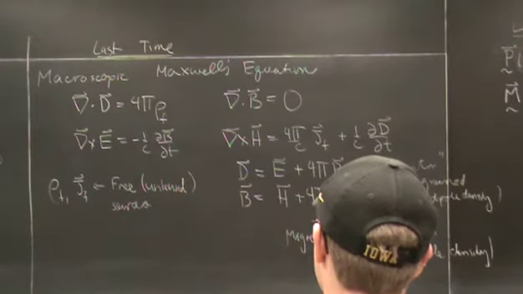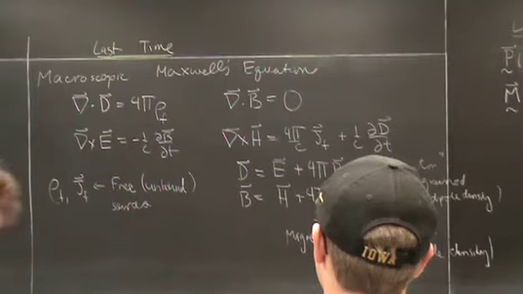So now we break up the sources, as we discussed last time, in terms of the so-called free sources. What that means is all of the charge that's not bound up together in neutral molecules, solids, atoms, etc. And the bound charges.